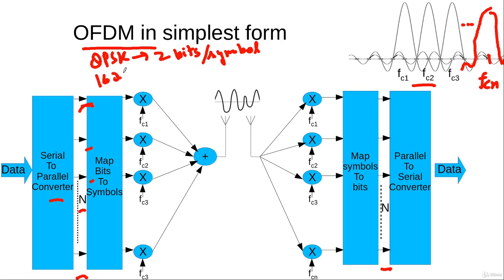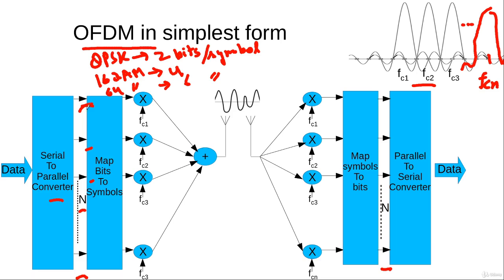If we are using 16 QAM, in that case we would be converting 4 bits per symbol, and if we are using 64 QAM, in that case we would be converting 6 bits to 1 symbol.